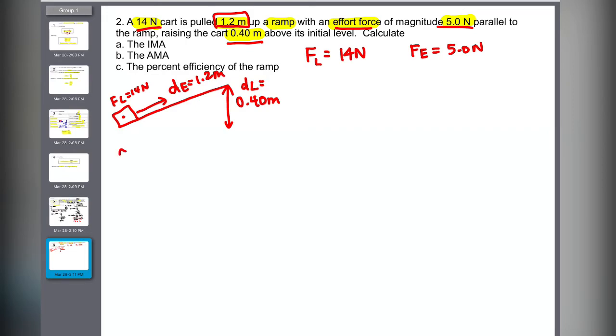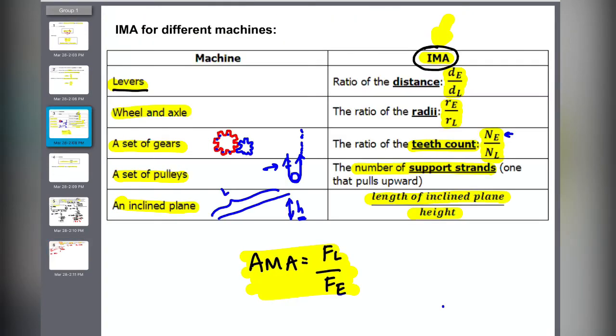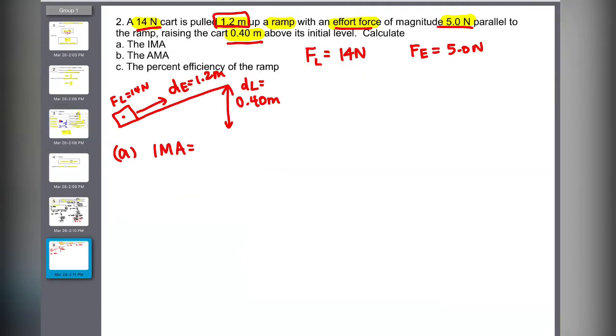All right, so you're looking for part A. What is the IMA? Okay, so go back to IMA. This is still a ramp, meaning a lever. And DE over DL. Okay, 1.2 meters divided by 0.4 meters is 3.